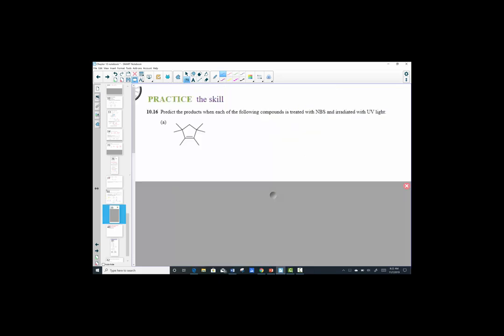All right, so let's put that into a practice homework question. Pulling this right out of your homework, it says, predict the products when each of the following compounds is treated with NBS and irradiated by UV light. So again, when I see NBS, and you'll see H nu to represent the energy for the initiation step, this is our clue that it is bromination at the allylic position.